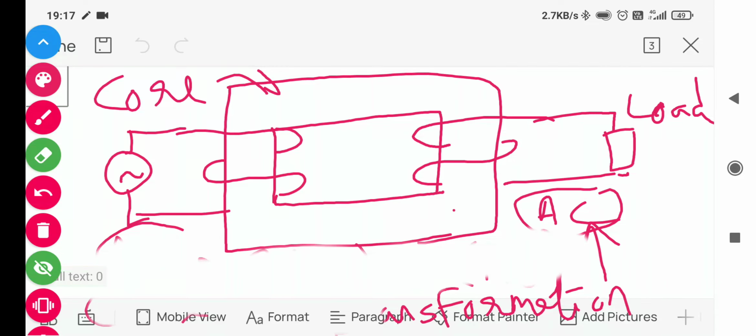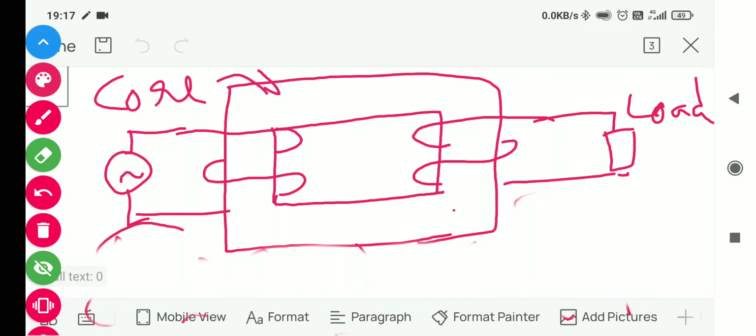So what basically happens in a transformer? Just try to understand it. In any simplified transformer, what happens inside it? We are giving the input as electrical energy.